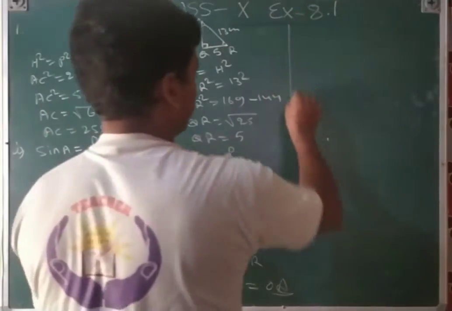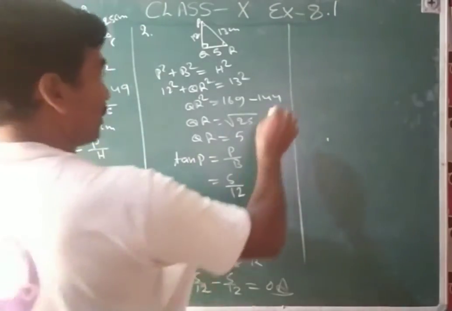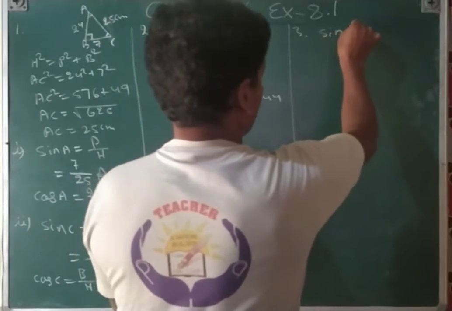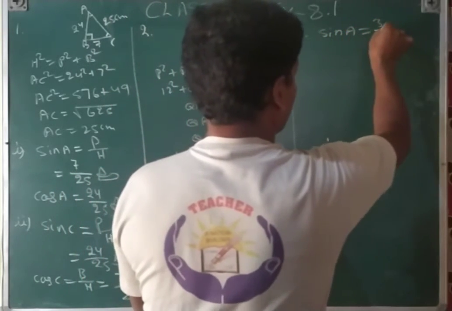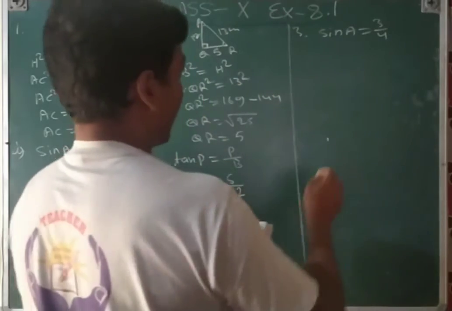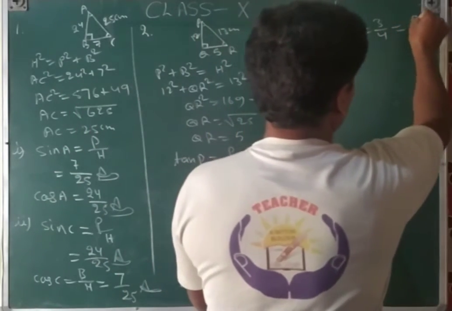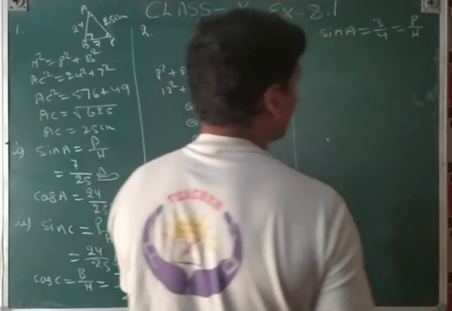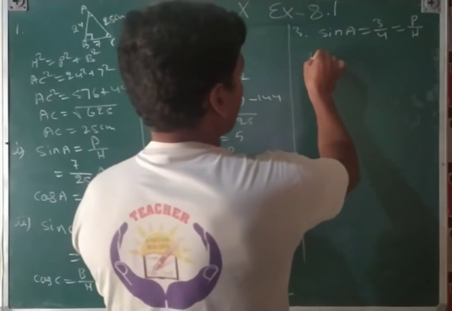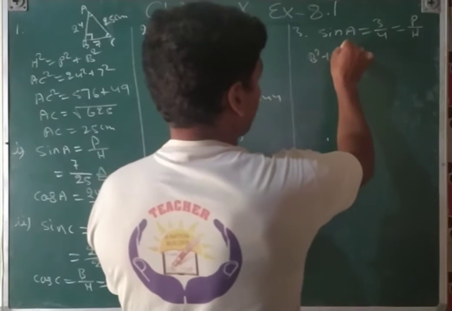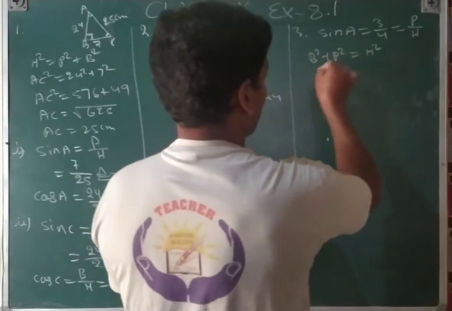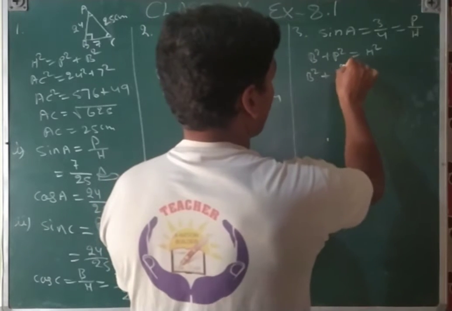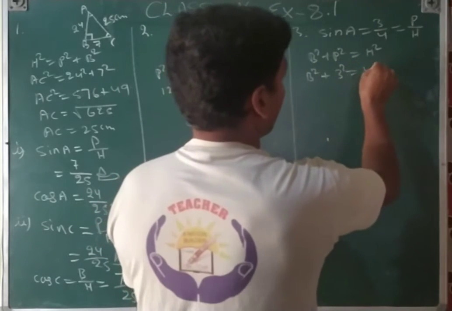Third question: sin A is equal to 3 upon 4 is given there, and we know the formula, that is P upon H. It means P is equal to 3, H is equal to 4. So here we will find B square plus P square is equal to H square. So B square plus 3 square is equal to 4 square.